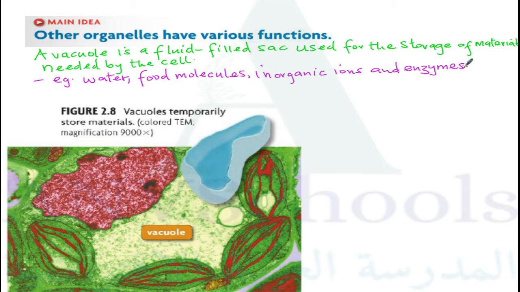So most animal cells contain many small vacuoles. Animal cells will contain many small vacuoles.